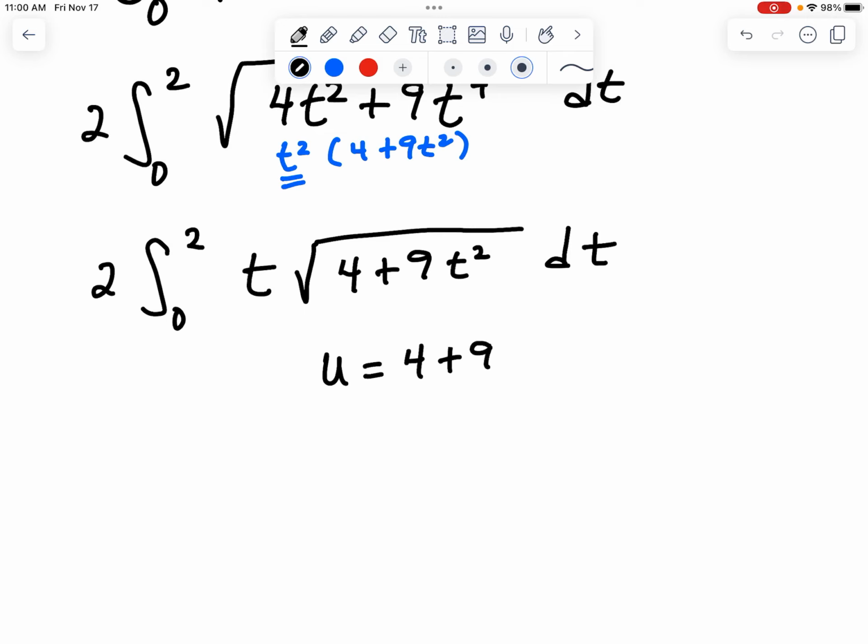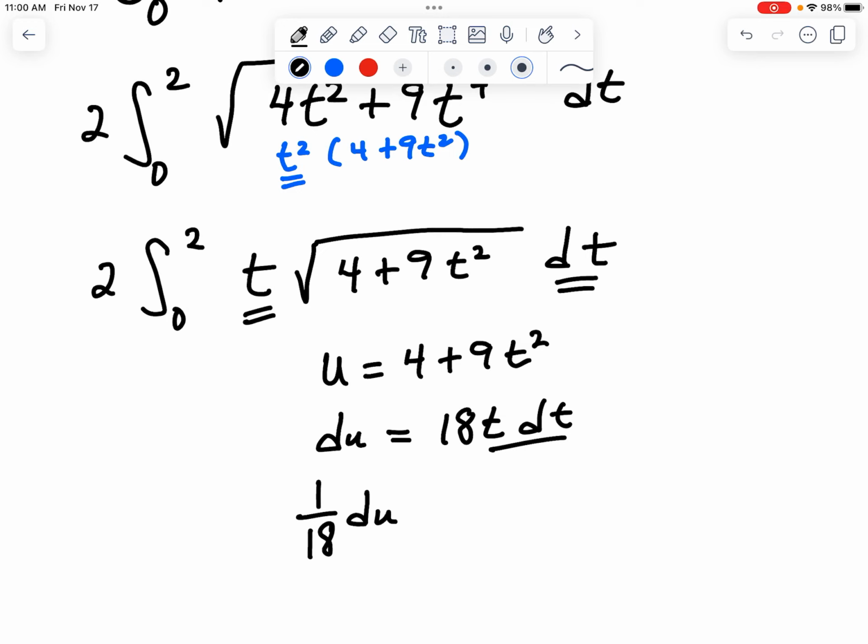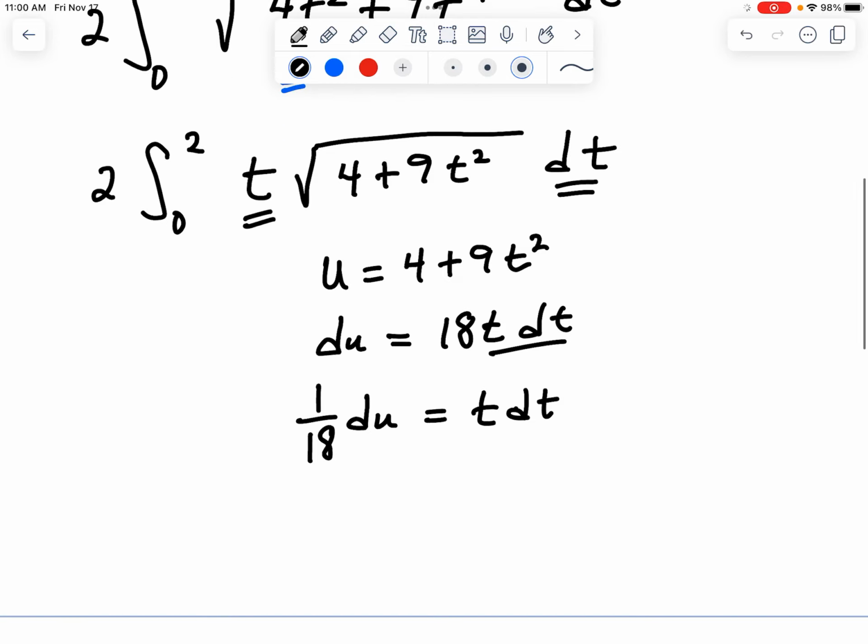So let u equal the inside part. The derivative of that is 18t dt. And this problem does have t and dt, so keep those, but multiply both sides by 1/18. And then it's ready for the u substitution.